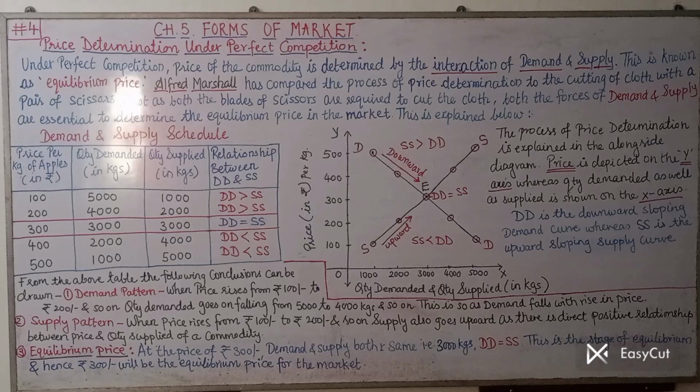And again look at the price. As the price goes on rising, it can be clearly seen that quantity demanded goes on falling. So as the price rises to 200, demand falls to 4000. Price further rises to 300, demand again falls to 3000, and likewise.